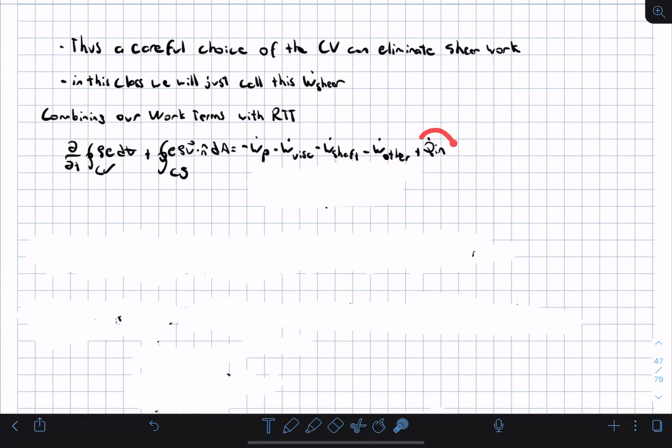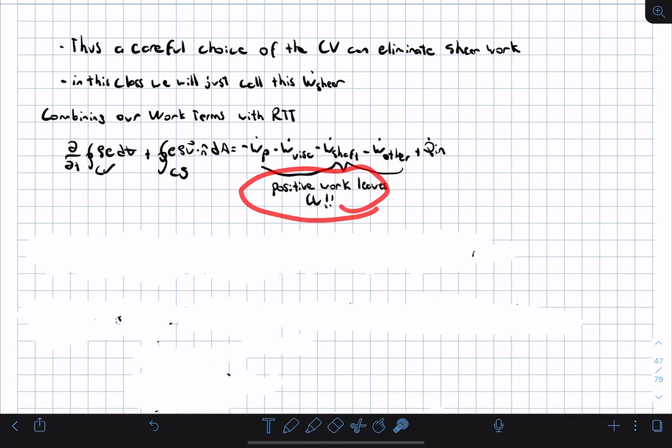And like I said, in heat transfer, you're going to learn how to deal with that term. And in this class, really, we're going to be dealing with this term here. And W dot other can come from things like pumps or turbines or things like that. That can be adding some energy to your system. And so just remember that positive work leaves the control volume.